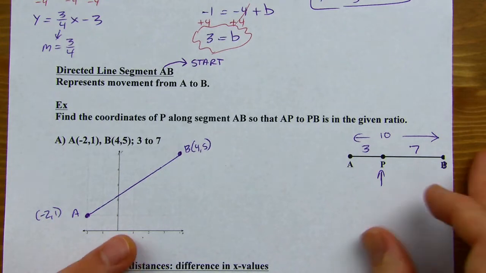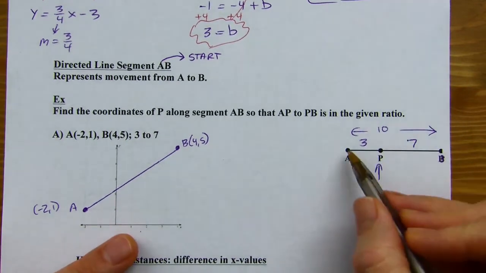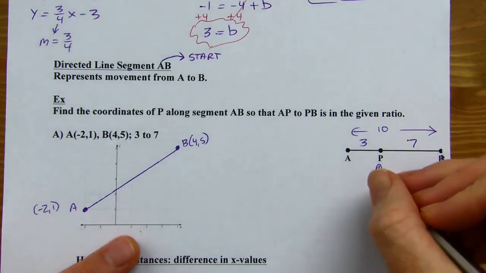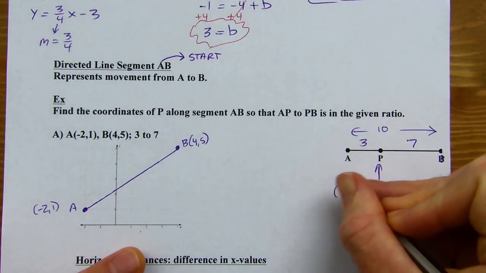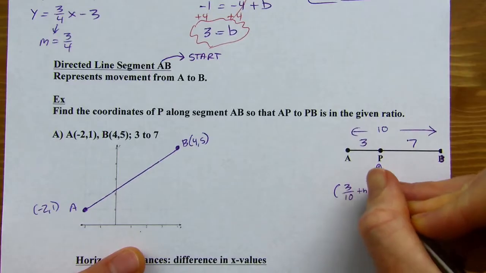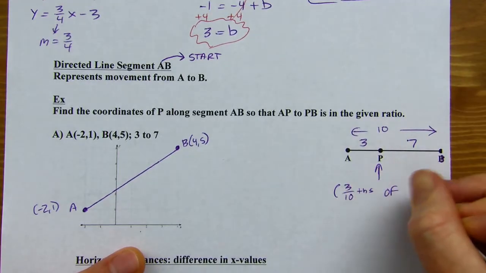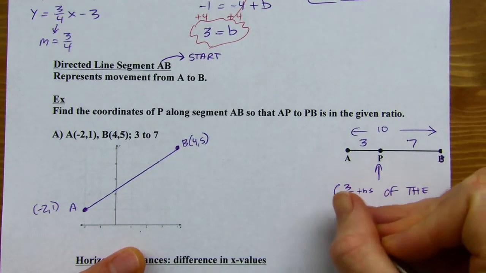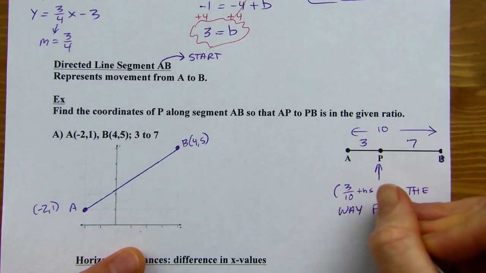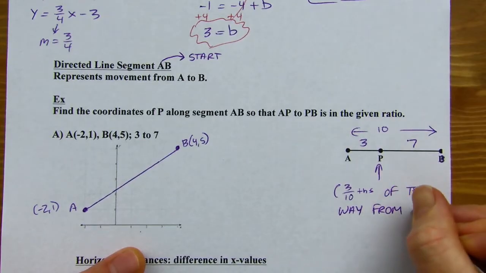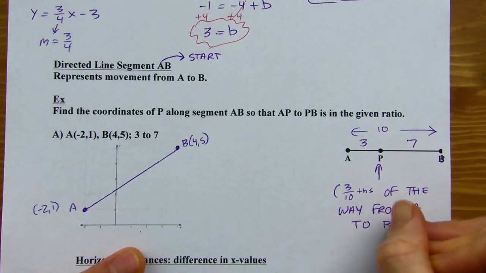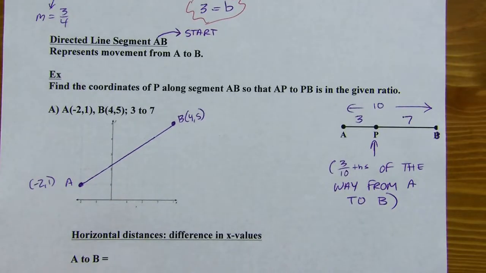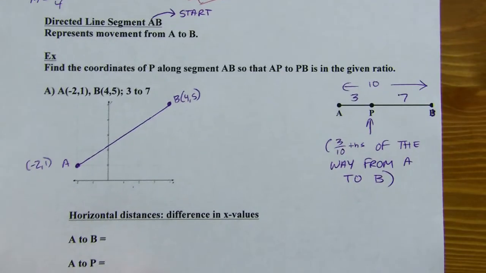That's a mistake that I see a lot. You have to think, well, it's gone 3 of the total 10 sections. So this is 3/10 of the way from A to B. It's not like you have to write that down every time, but you just need to understand it in order to do the problem.